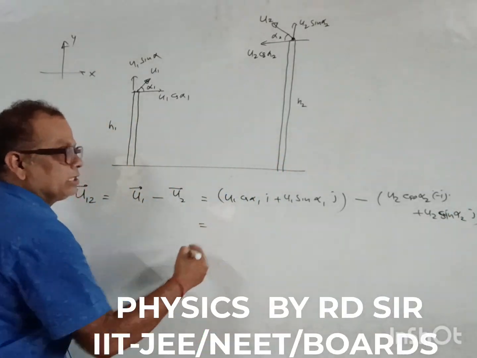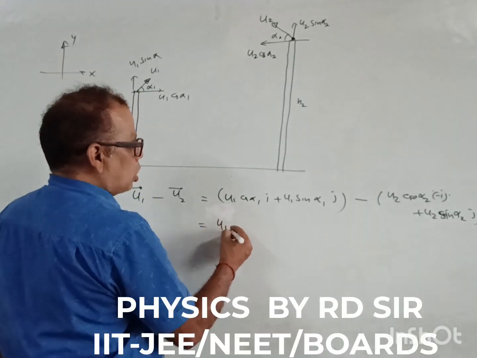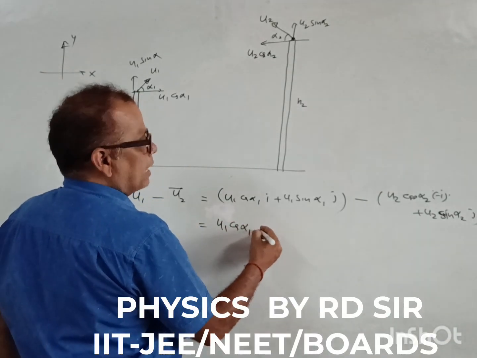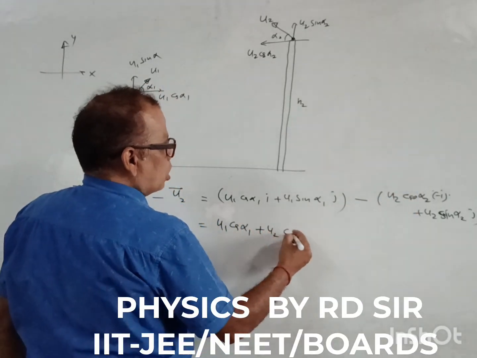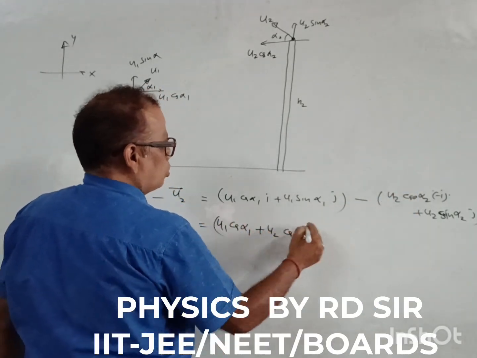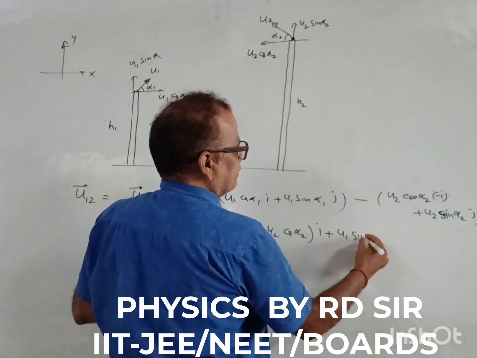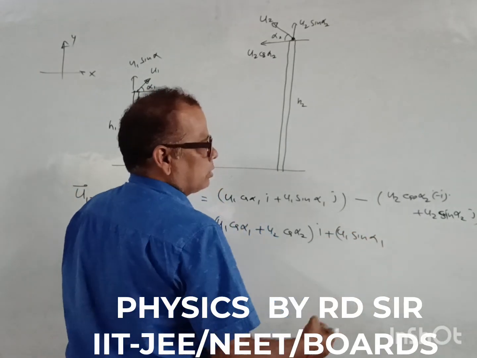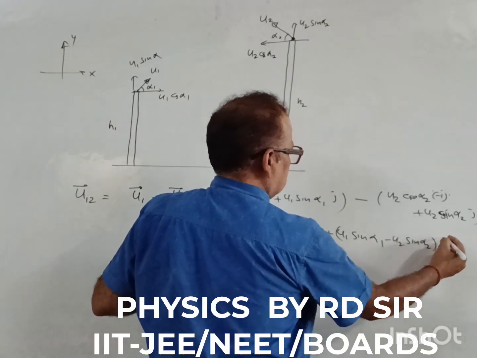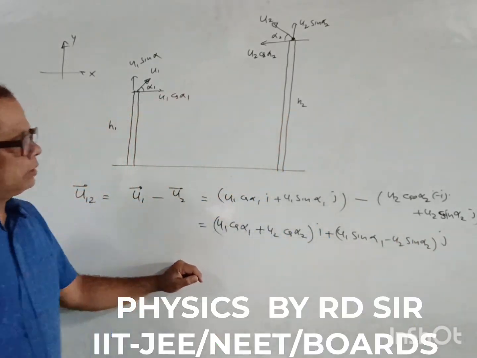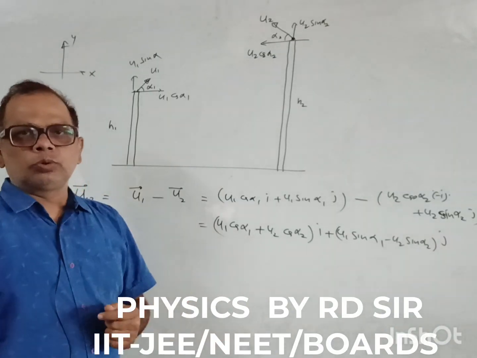Arranging i and j properly, we get u1 cos alpha 1 plus u2 cos alpha 2, whole, i cap, plus u1 sin alpha 1 minus u2 sin alpha 2, j cap. This is the relative velocity of particle 1 with respect to 2.